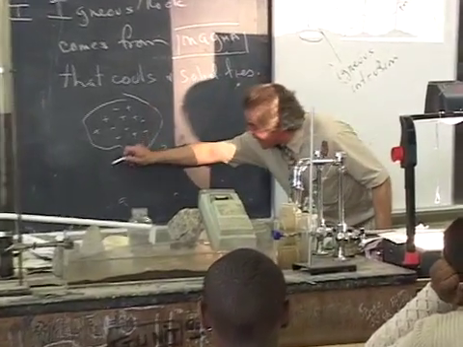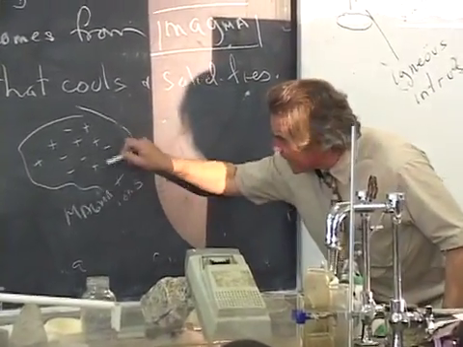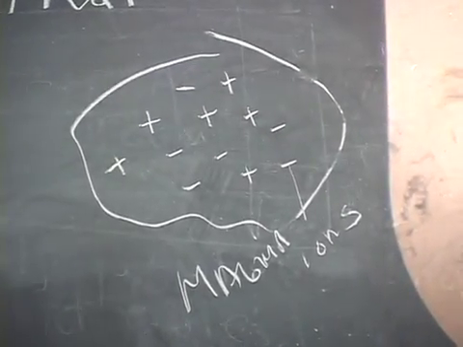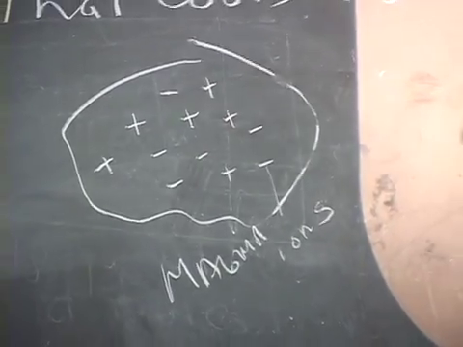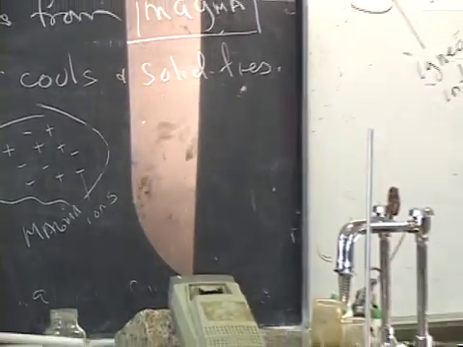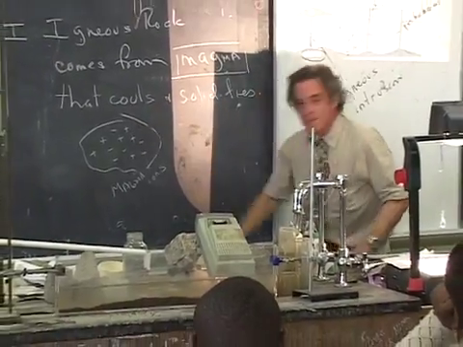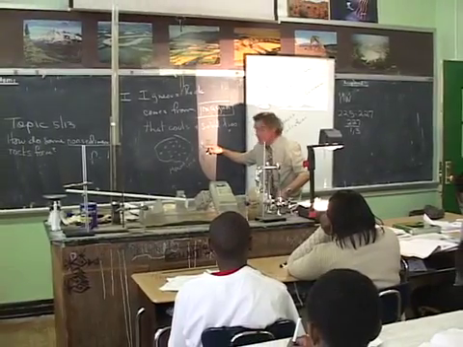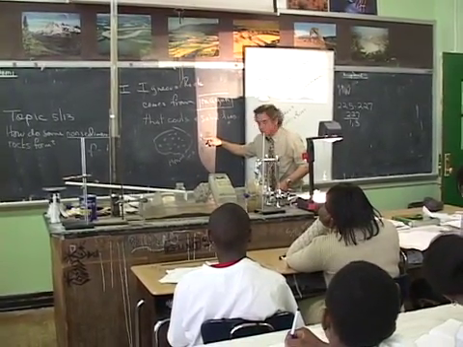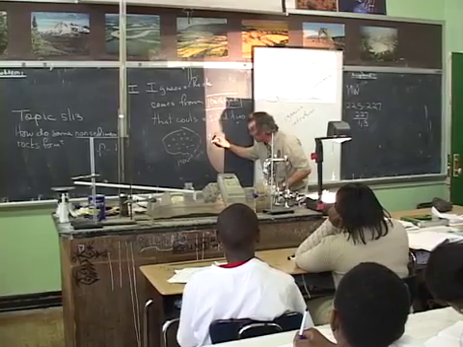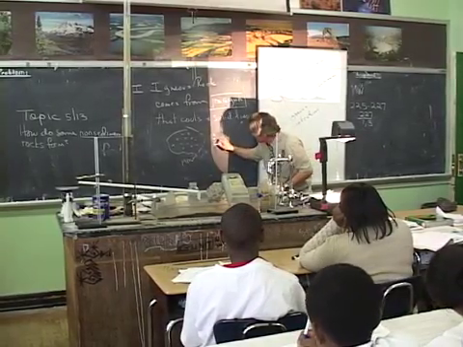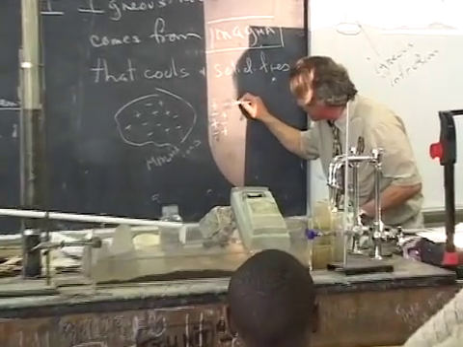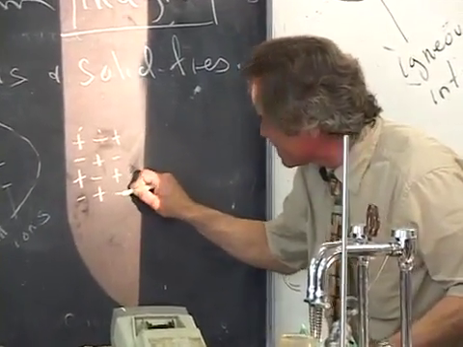Now, since this is magma and it's a liquid, the atoms can move around. What do you think's going to be attracted by a positively charged ion? Right. So given enough time, positive ions attract negative ions or negatively charged atoms, and they'll line up due to electrical charges.